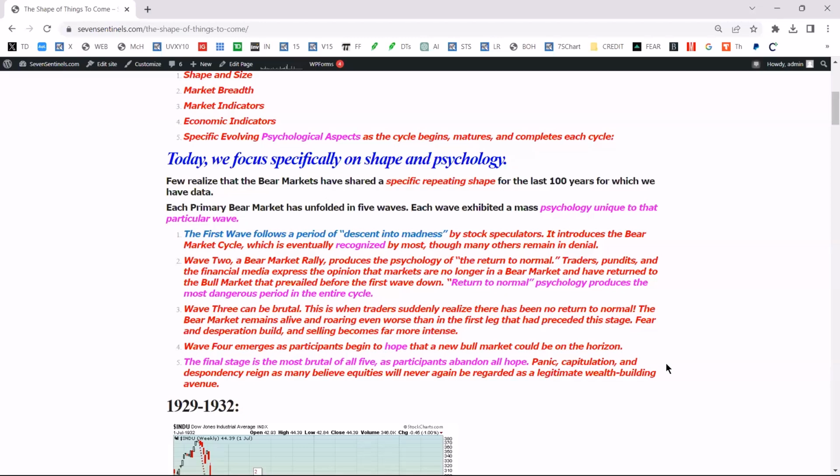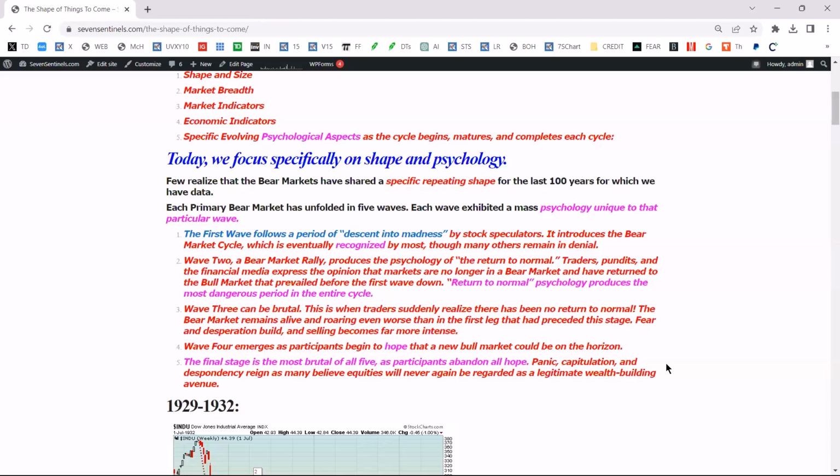And that's where we are now in wave three. This is a stage where traders suddenly realize there has been no return to normal. We are not in a bull market. We are in the bear market. And this becomes really the most vicious part of the whole cycle.